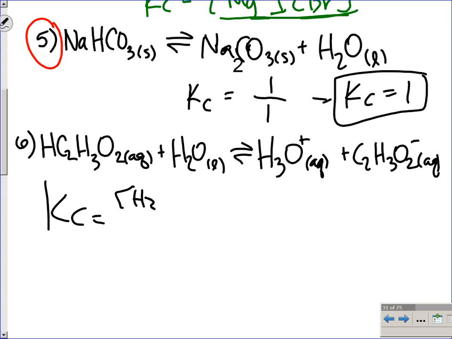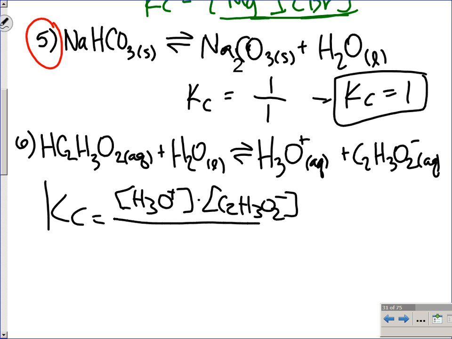Hydronium concentration. And the acetate, C2H3O2. Over the acetic acid. Okay? Anything else? Why not water? Pure liquid, right. Pure solids and pure liquids we exclude.